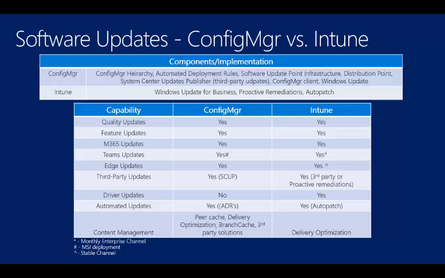Now, proactive remediations is not part of Windows Update for Business. It's not really even part of the software update mechanism in any shape or form. The reason I mention it is there is at least one organization, HP, that I know about, that leverages proactive remediations to help deploy their different firmwares and different things through Intune.